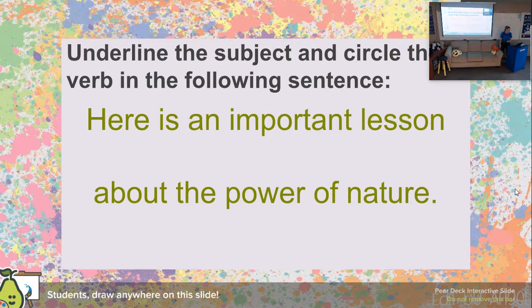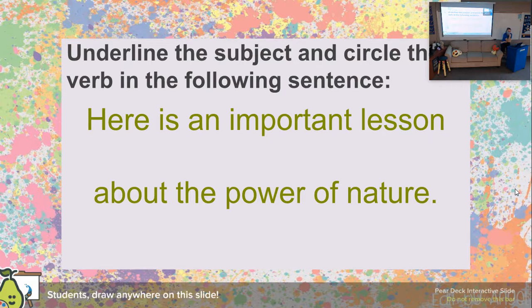Okay, a couple more. Try this one. Okay, remember, what's the first thing that we should do when we're trying to find the subject and the verb?